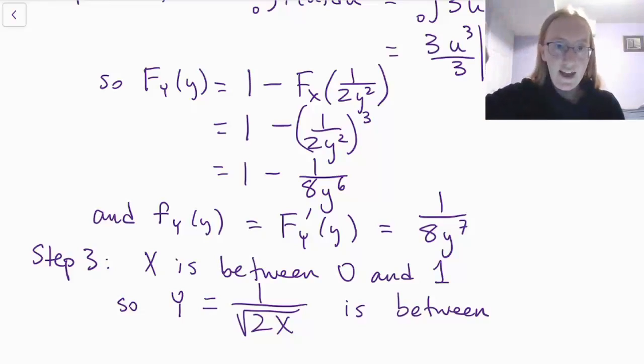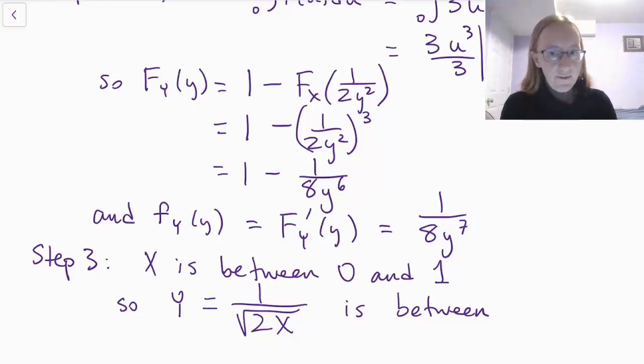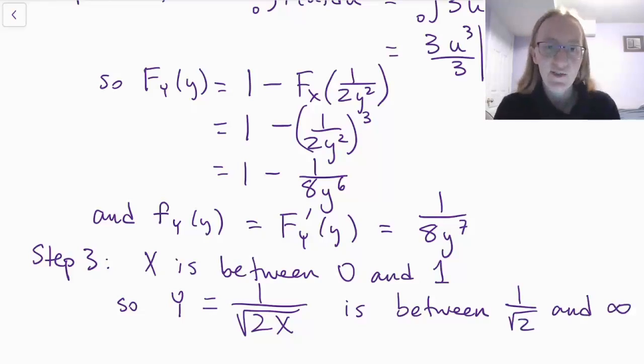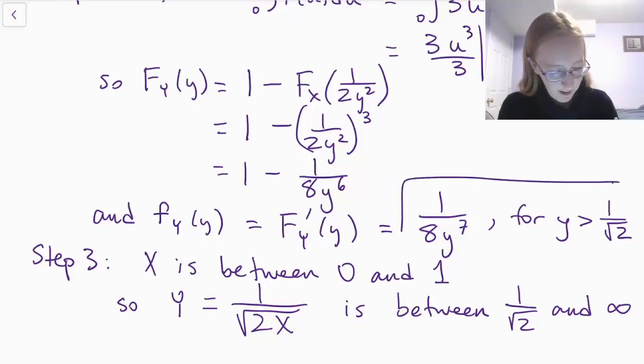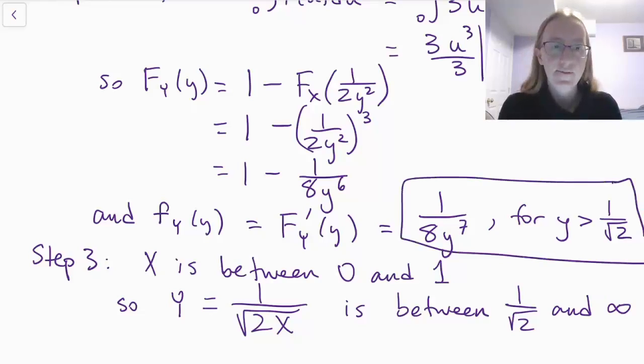It's not going to have any maximum. And if x is getting really large, as big as it can get, all the way up to 1, then y is going to be 1 over root 2. So we'll have 1 over root 2 and infinity, I guess. So that's not a very formal way of writing it, but you could just add this for y greater than 1 over root 2. So this is our probability density function of y.